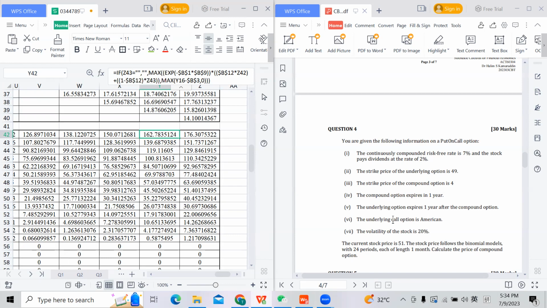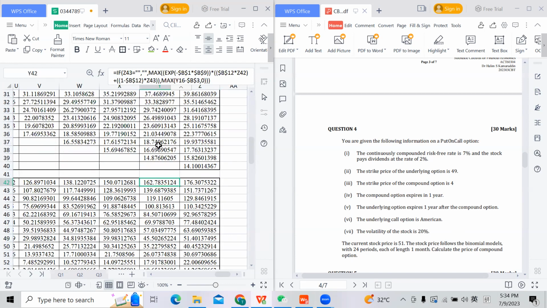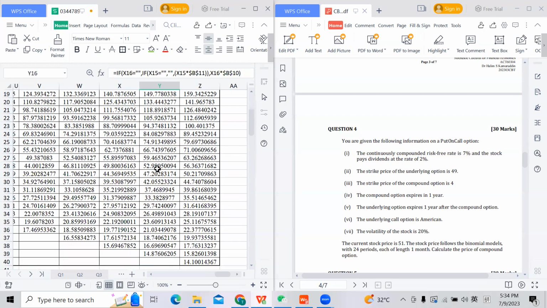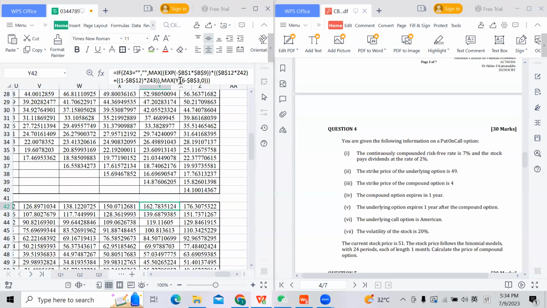Since this is an American call option, we need to compare which call price is higher: the stock price minus K, or the value computed from Cu and Cd.